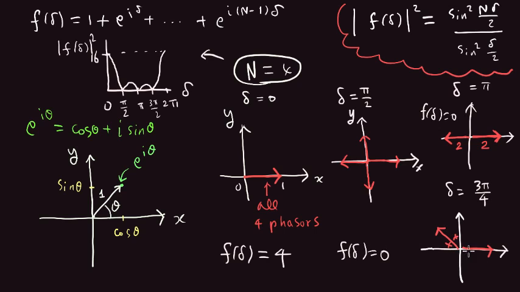And then if you go 3 pi over 4, then you will hit here. And then you rotate it by 3 pi over 4, then you will hit here. So if you add these 4 vectors, clearly it's not 0. But how large is it? So let's figure that out.